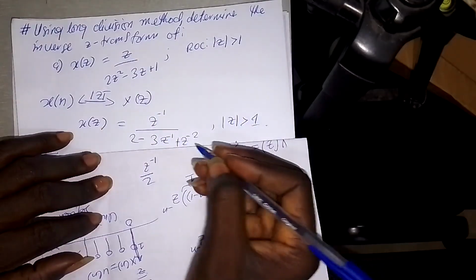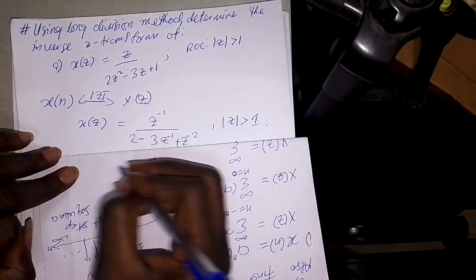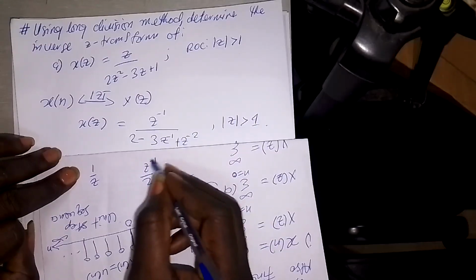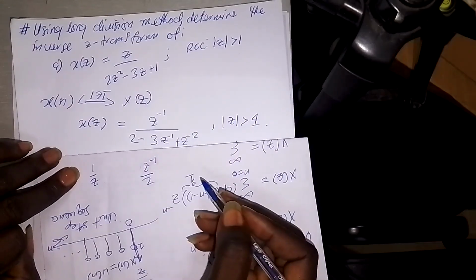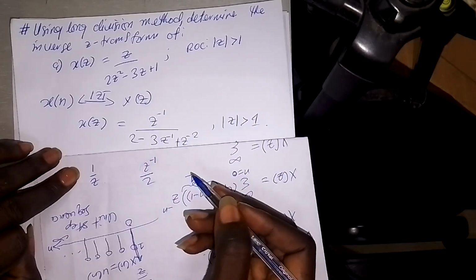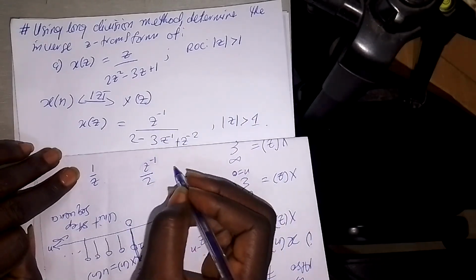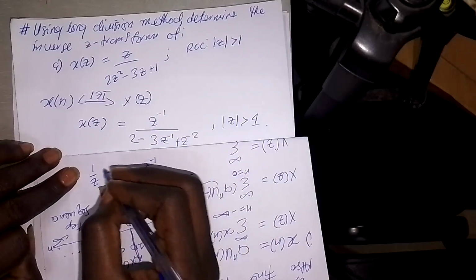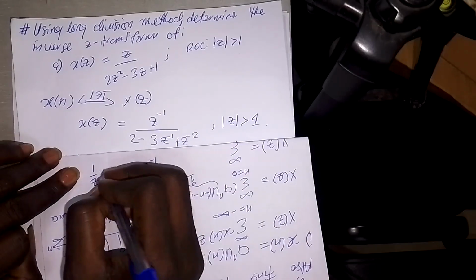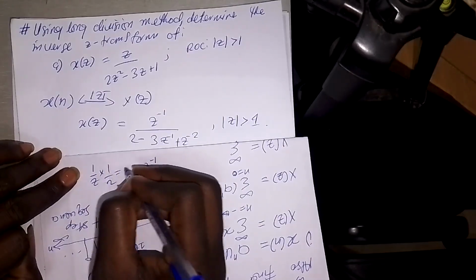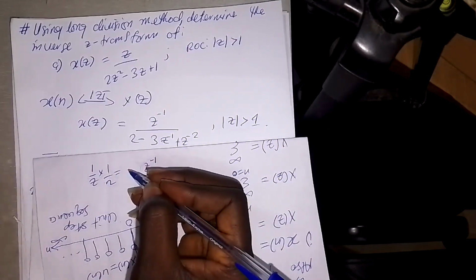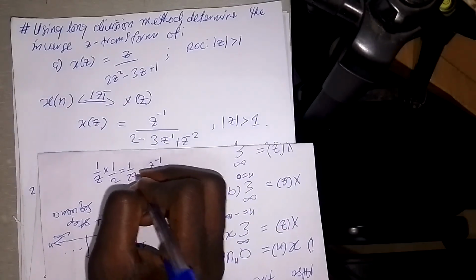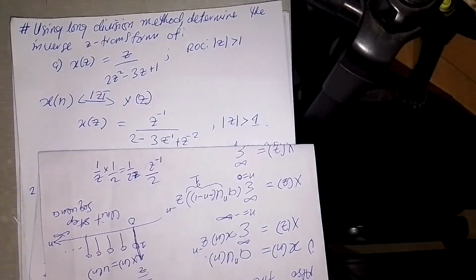Basically, you are going to have 1 over z, because this one is 1 over z, times 1 over 2, which is equal to 1 over 2z.